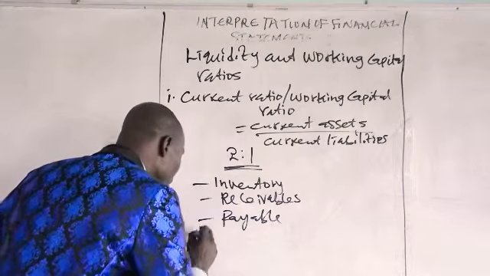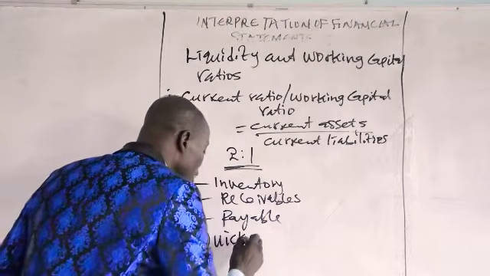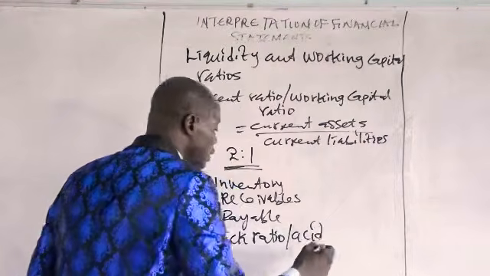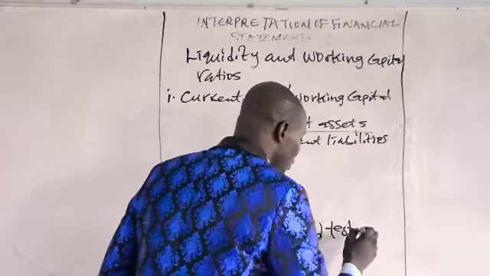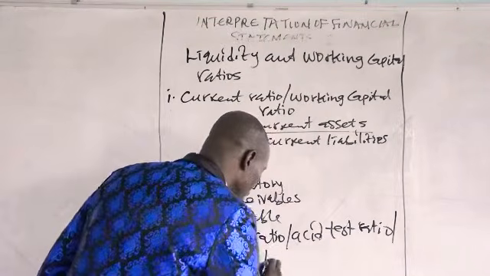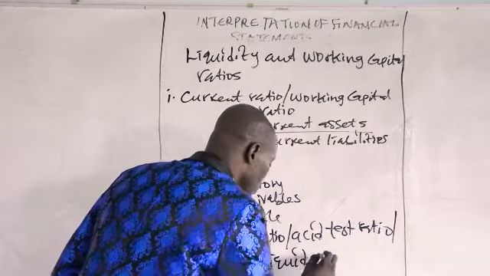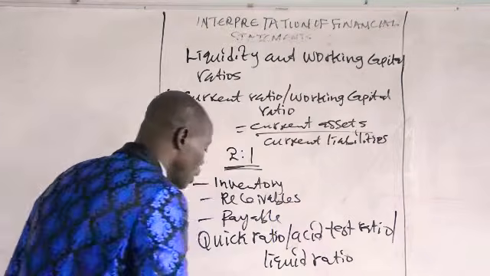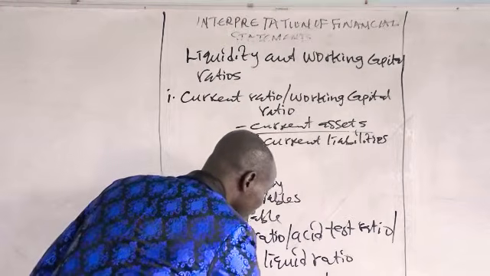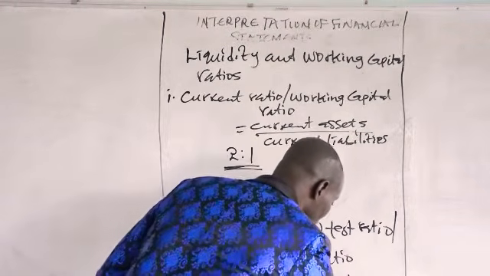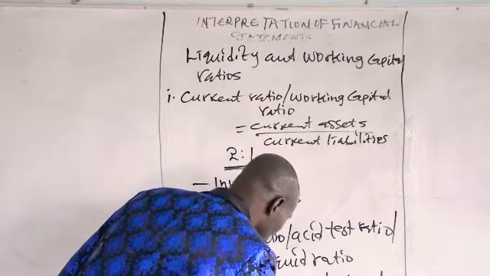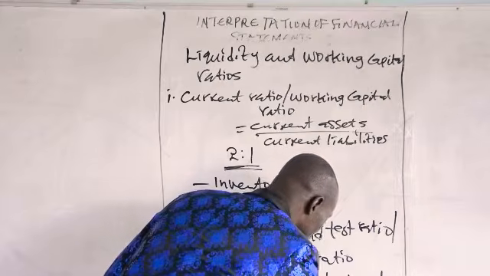We also have the quick ratio, or acid test ratio, or liquid ratio, which is current assets less inventories over current liabilities.